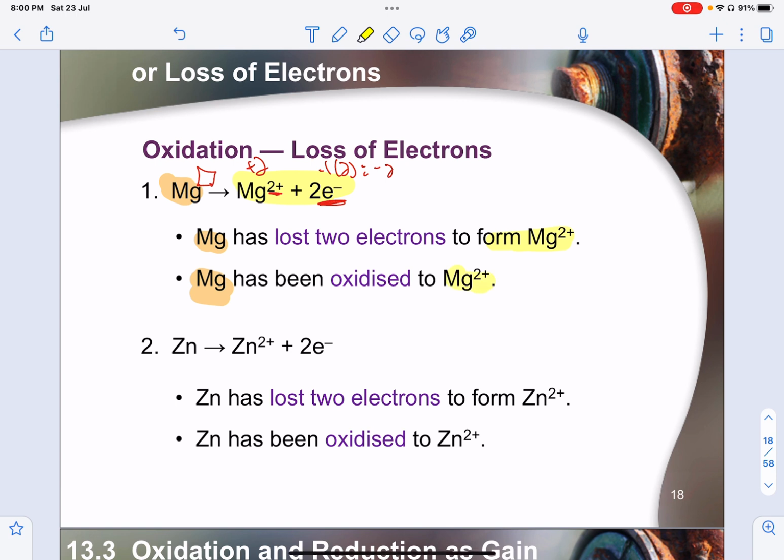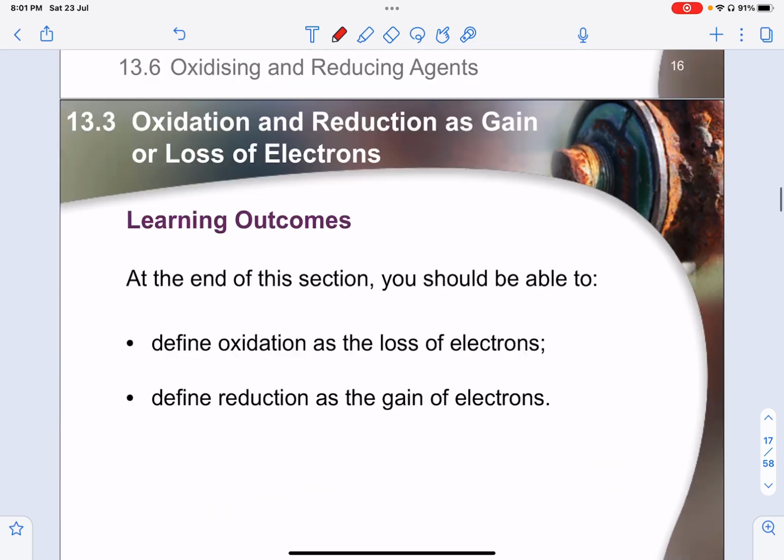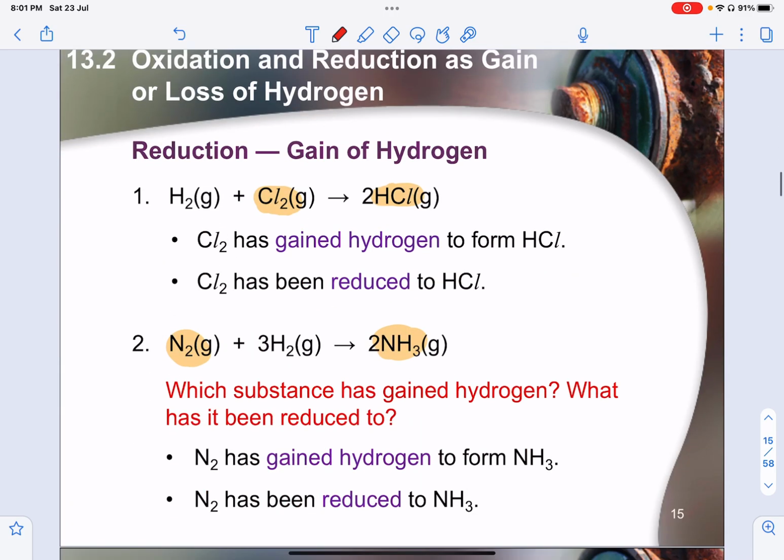Over here, we also specify how many electrons are lost, and we do write the charge. Something like this is called an ionic equation, which we have learned previously. If there is no charge above, these are normal chemical reactions.